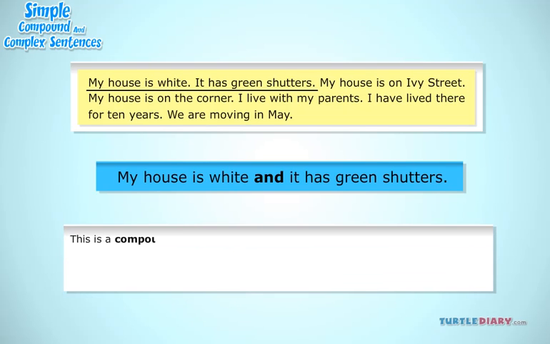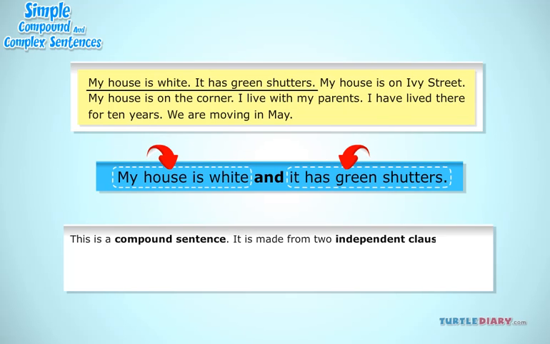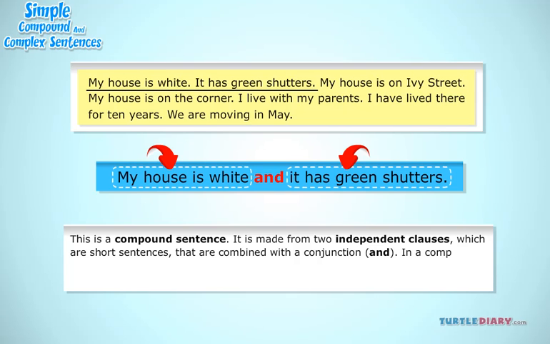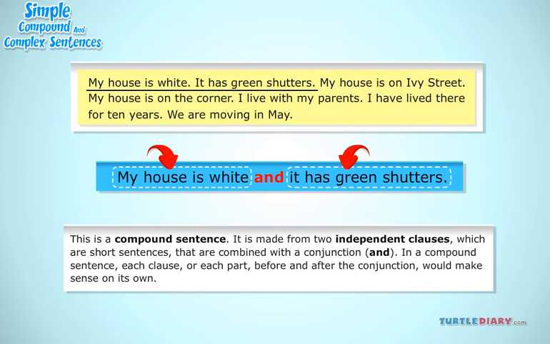This is a compound sentence. It is made from two independent clauses, which are short sentences that are combined with a conjunction. In a compound sentence, each clause or each part, before and after the conjunction, would make sense on its own.